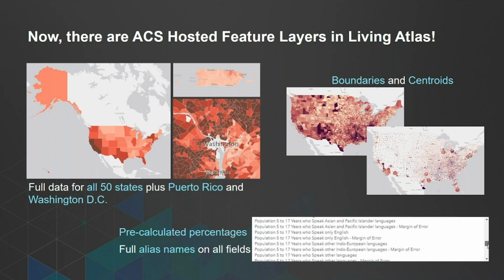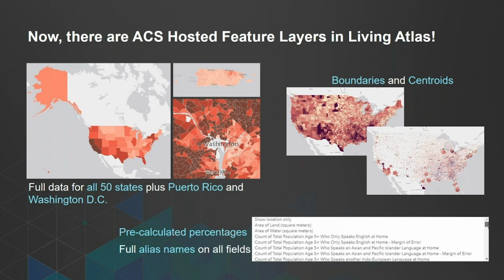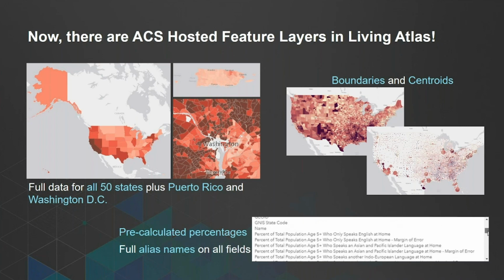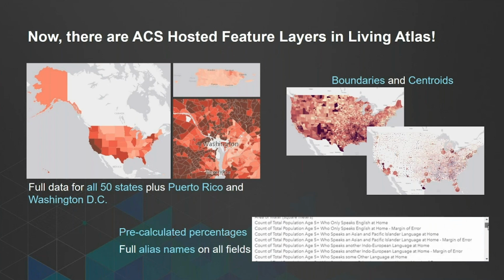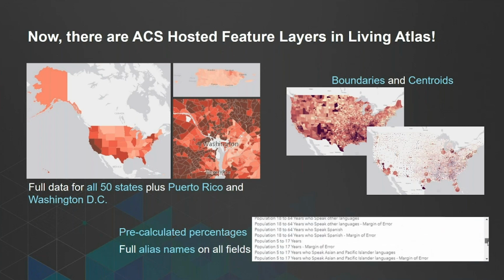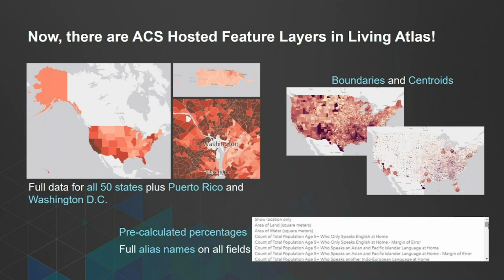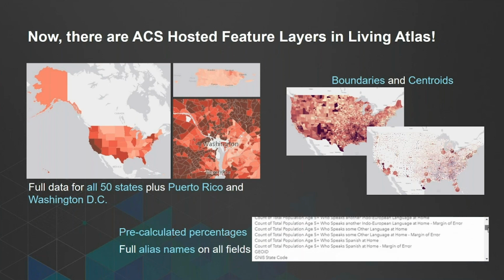Another thing that we've done is we've pre-calculated percentage values for many important fields that are within these services. A lot of times, if you want to look at the count of the population who speaks Spanish, you'd actually want to know the percentage, but you want to make sure that you divide by the correct denominator when calculating those.